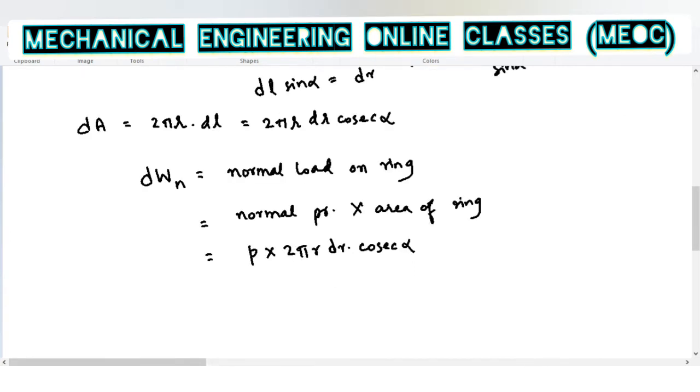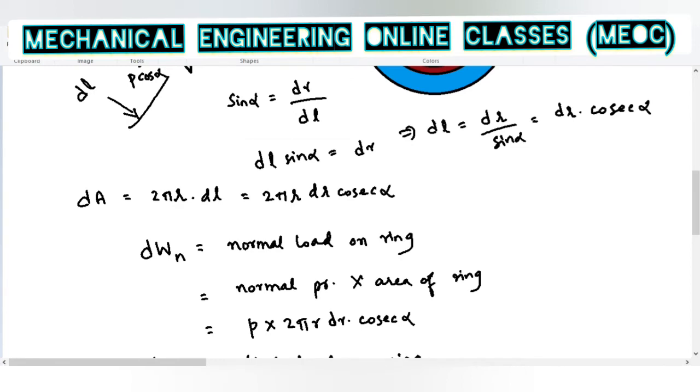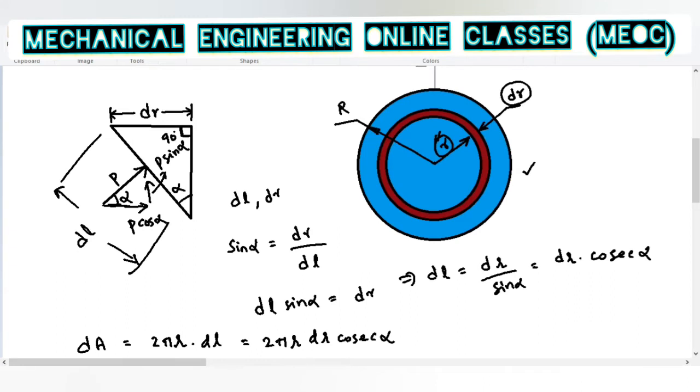Similarly, we can also work out a relation for the vertical load acting on the ring. Let us assume dW is the vertical load on the ring. What is the vertical load? We have to resolve the normal load, and the component acting in the vertical direction is multiplied by sin alpha.